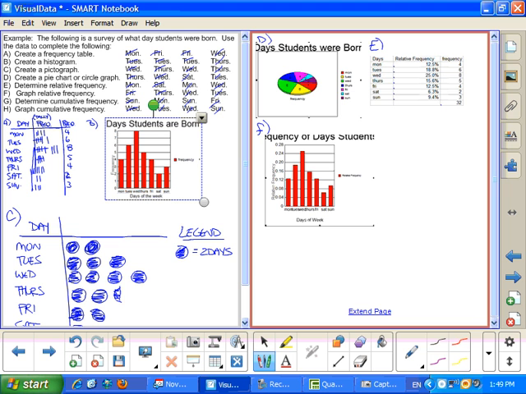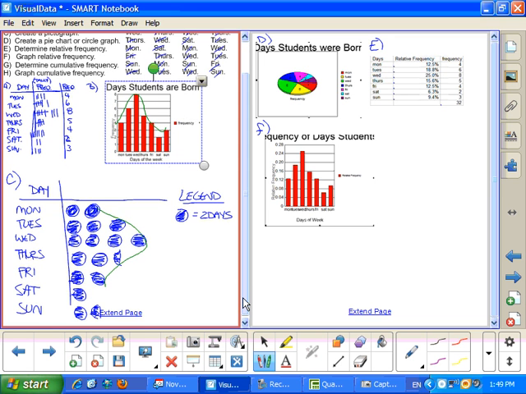So I just want you to take a look here before we move on. If you look at the histogram, so I'm coming back to the histogram, you see that it follows that shape. My pictograph, and you don't want to really do this to yours, but the pictograph follows the same shape.